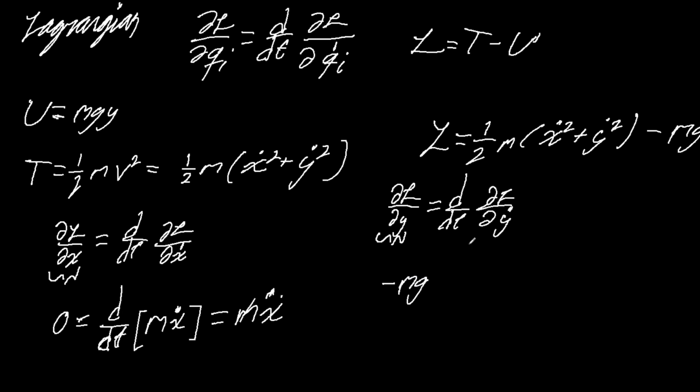So it's just going to be a negative mg. This term is 0 because it doesn't depend on y. Time derivative of the Lagrangian with respect to y dot is going to equal m y dot, and then we have the derivative, which is going to be m y double dot, which is the exact same differential equation we solved the Newtonian way, and you already know the form of that.